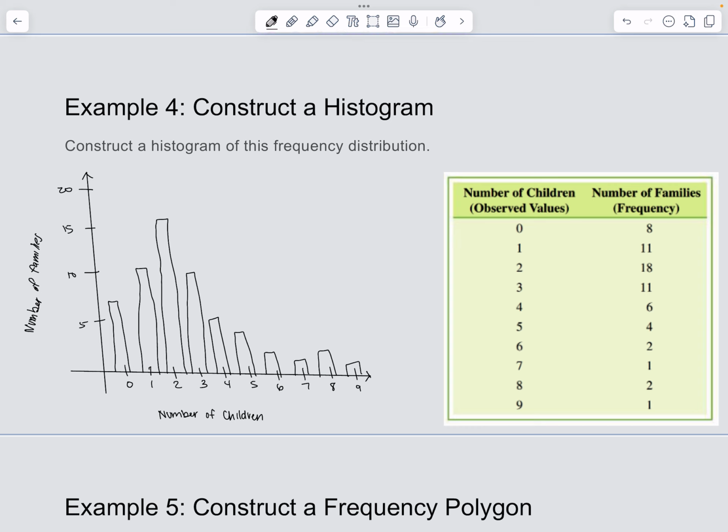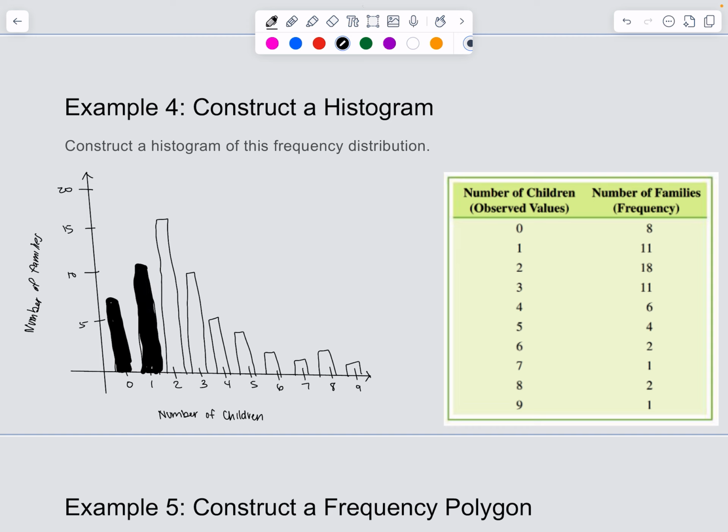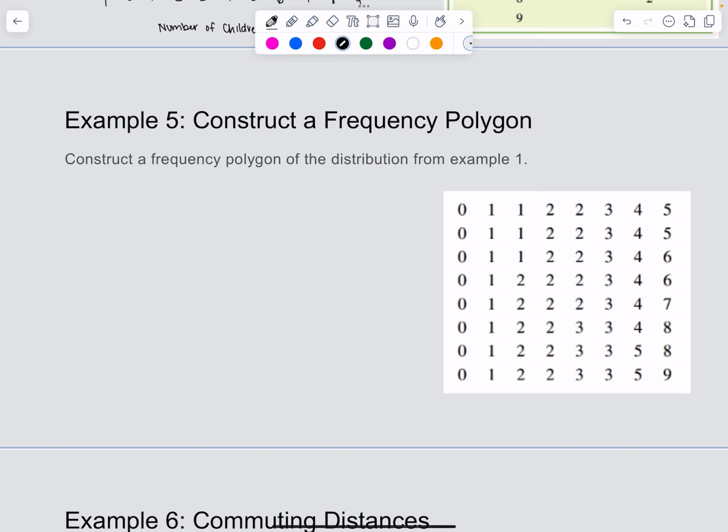You can fill them in if you want, and that's how our histogram will be, is just filling in the data for each of these items. So we're putting it from table form into graph form. Okay, let's construct a frequency polygon.